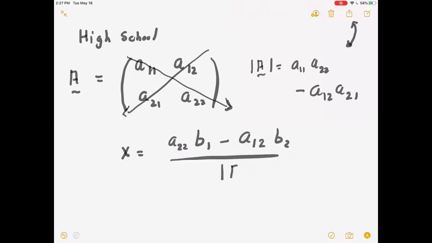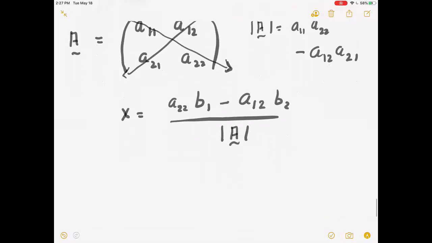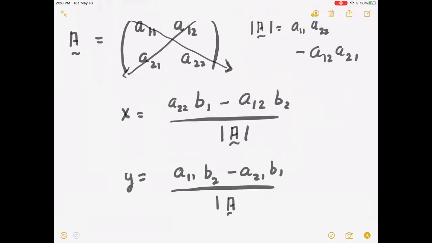But in the denominator, you have the determinant of the coefficient matrix A. For y, again, you have a numerator that's different. It's a sub 1, 1 times b sub 2 minus a sub 2, 1 times b sub 1 divided by the determinant of A.